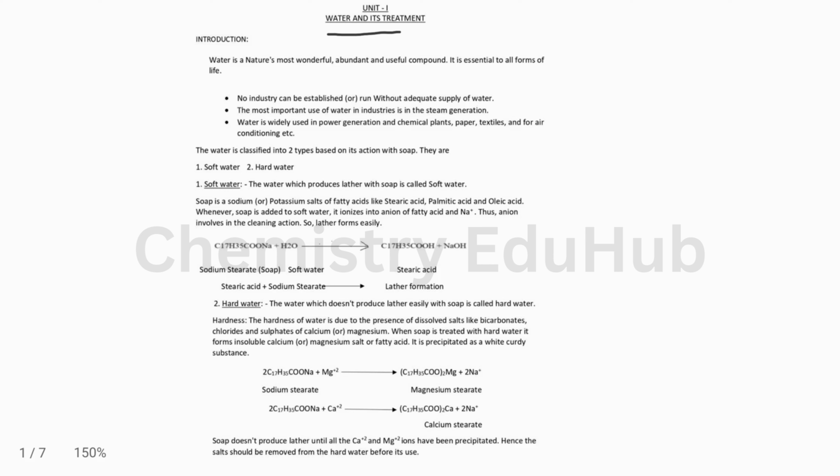So we know that earth is covered with 75% of water and 25% of land. Now out of this 75% of water, most of the water is salt water and only 1% of it is the fresh water. So though there is 75% of the water, most of the water is not useful for any of the activities.